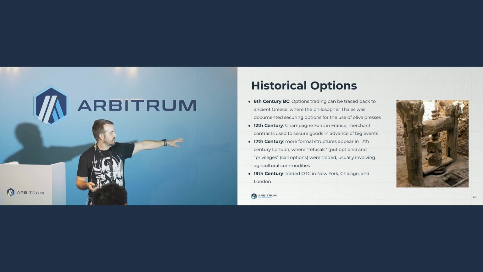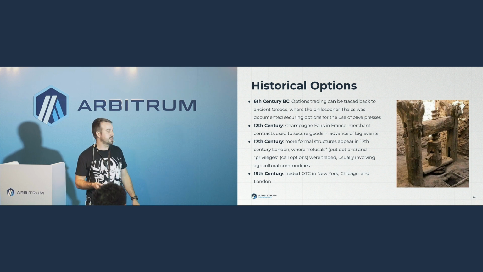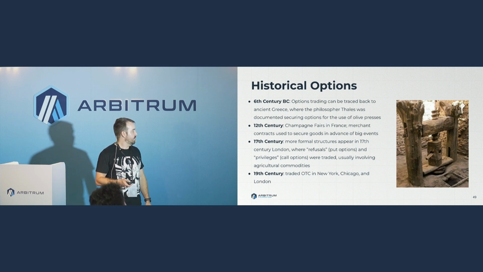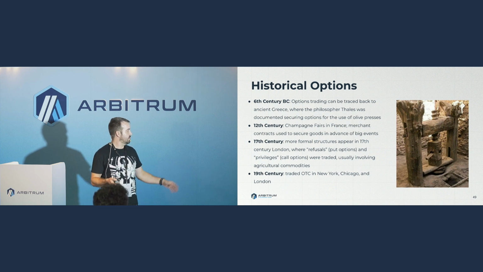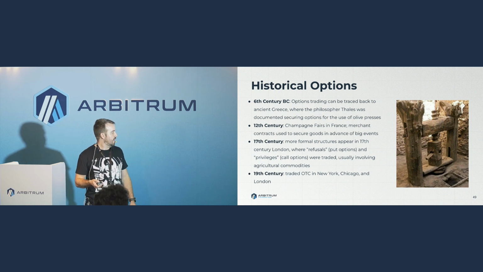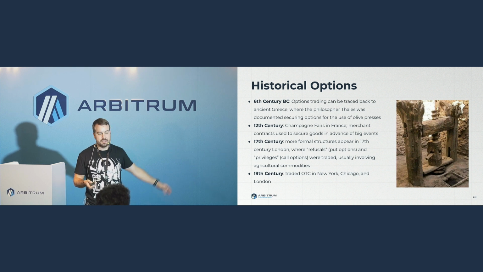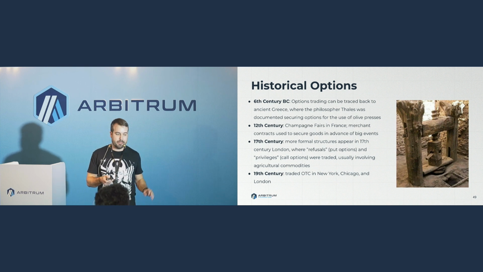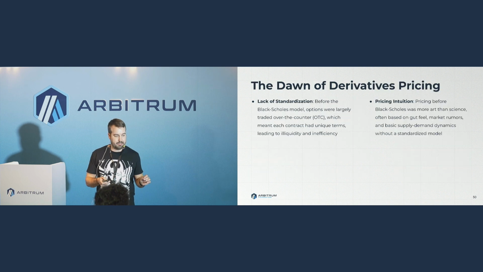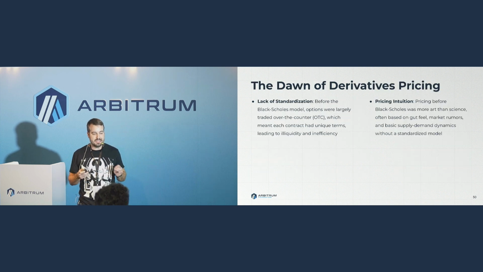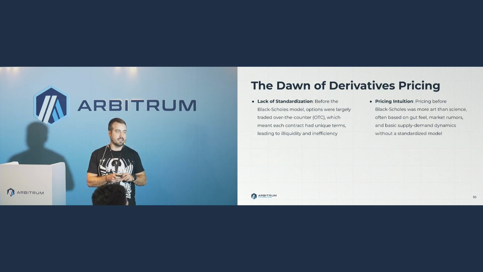Then towards the 17th century, we started to see more formal options markets develop in London. They called them refusals and privileges instead of put options and call options. Then towards the 19th century in New York, Chicago, and London, it started to really mature. But options were always haunted by the fact that it was very difficult to price them correctly.